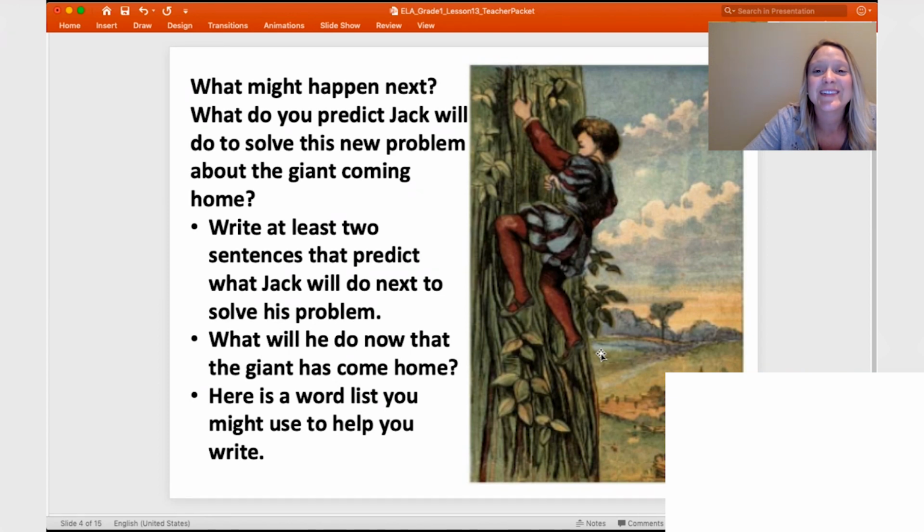What do you think, boys and girls? Did Jack solve the problem with this? He jumped in the oven. Why would he be jumping into an oven? Yeah, he's trying to hide from that giant that wants to eat him for breakfast. That must have been a big oven, huh?